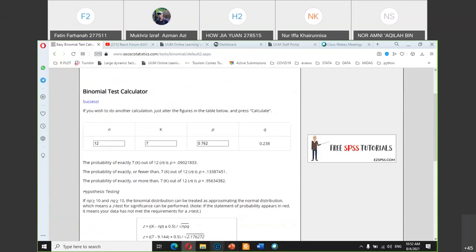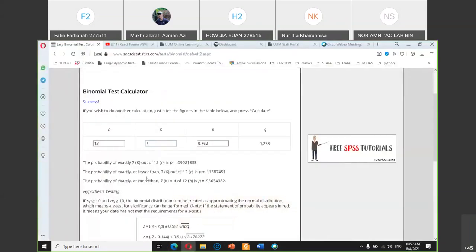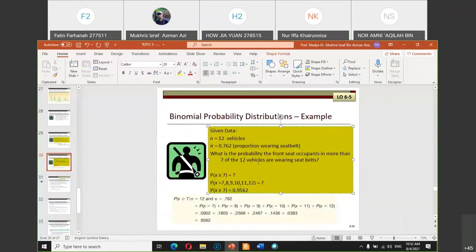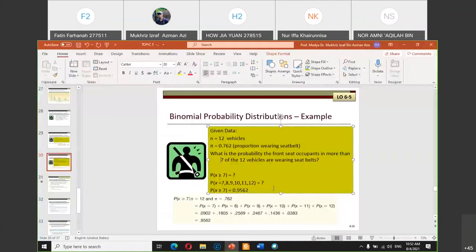So you need to be clever in how to apply the online calculator based on what is provided to you here. You are given less or equals to, and also more or equals to. So if you want to calculate something like more than 7, you need to use 8 here, not 7, because more than 7 means 8 and above.